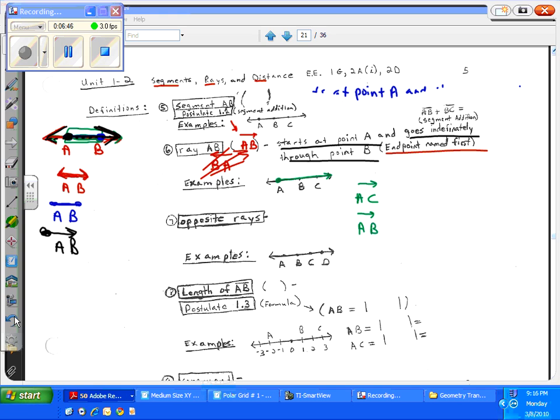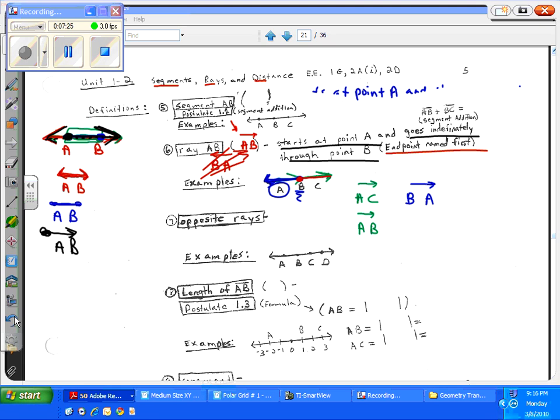We could have also called that same ray AB, because whether we go infinitely through B or infinitely through C, we still went infinitely to the right as we started from the endpoint, point A. Now, if we wanted to talk about the ray that started at B and went infinitely through A, we still have to make our ray symbol, our arrow, point to the right, even though in the picture it's going to the left. We named the endpoint first, so the B would go first, and the point that it goes infinitely through would be named second.